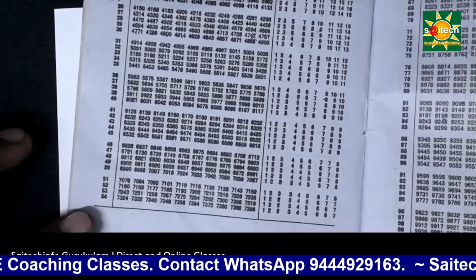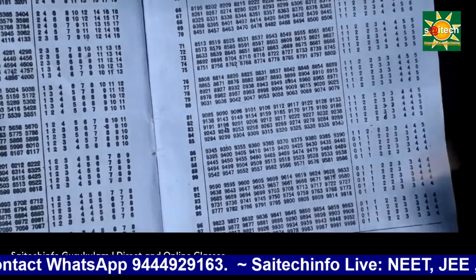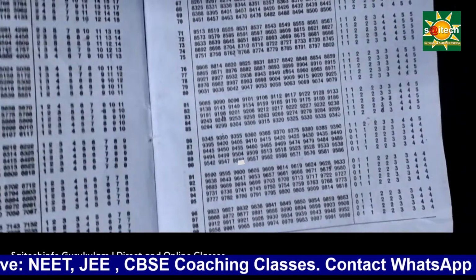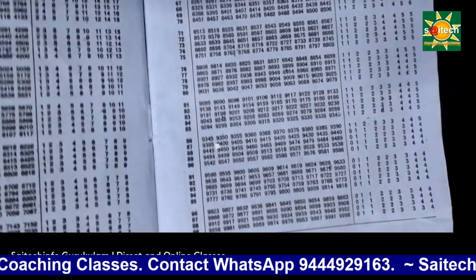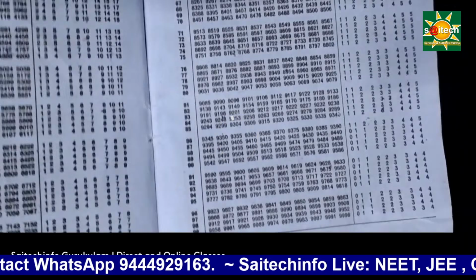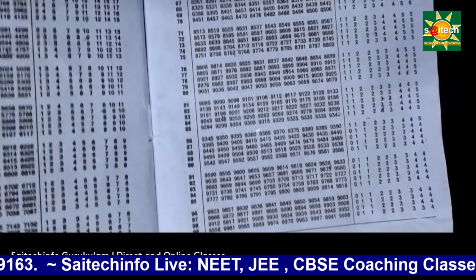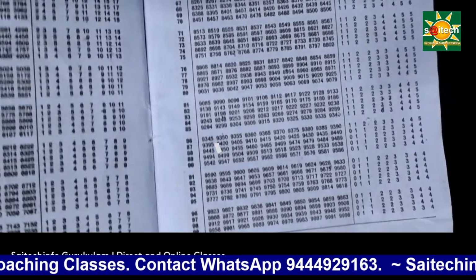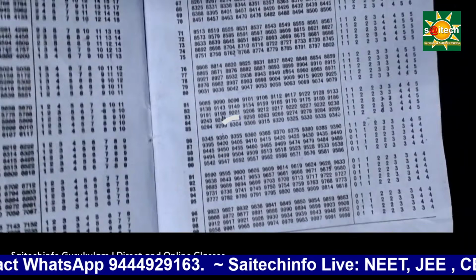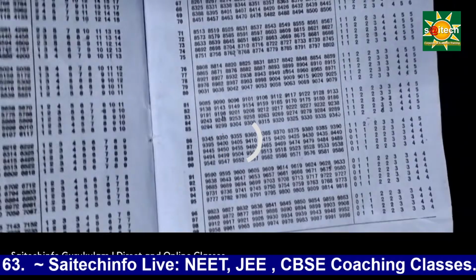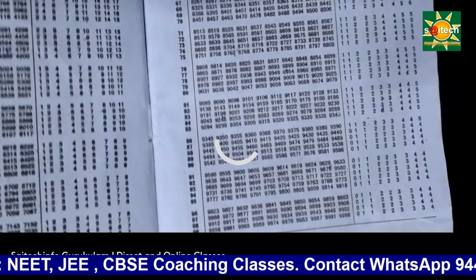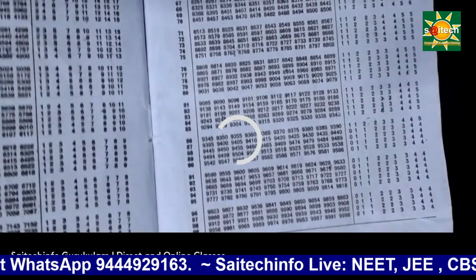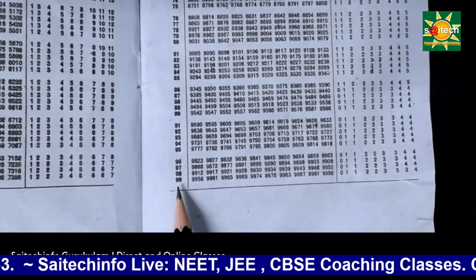Okay, so in this page you have got 54 and here up to 99. Okay, up to 99 it comes.